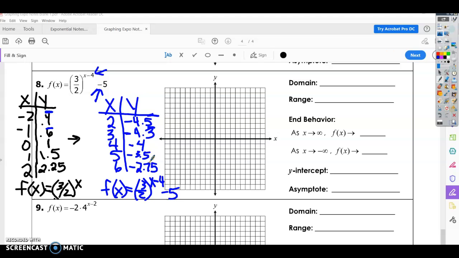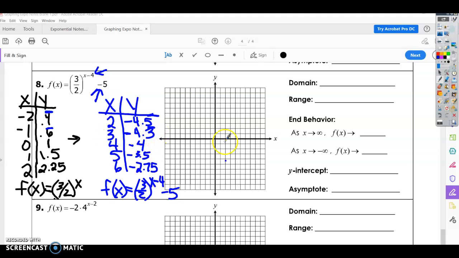All right, since the blue table represents the function that's given, we just use the parent function in order to find this using transformations. So then we're going to graph those points. So 2, -4.5, 1, 2, 3, 4.